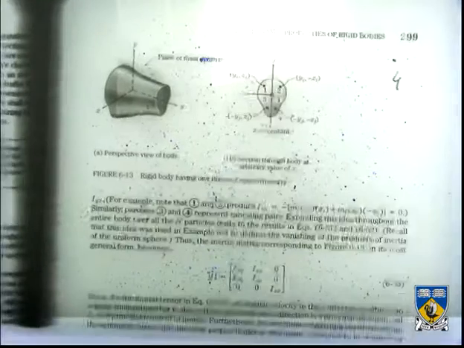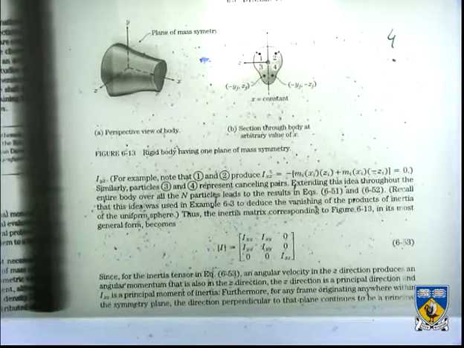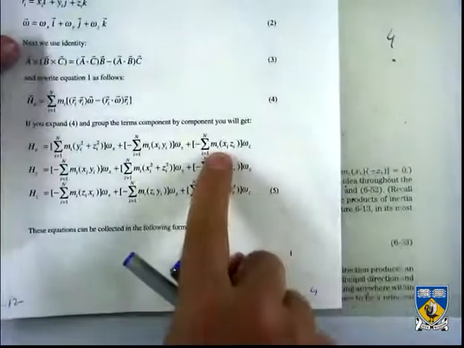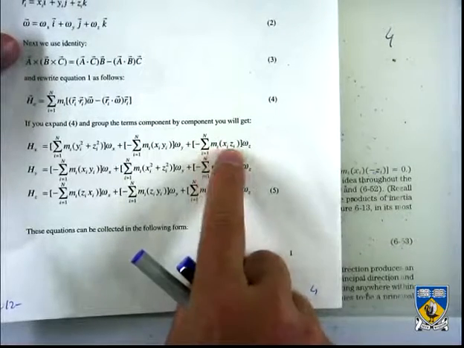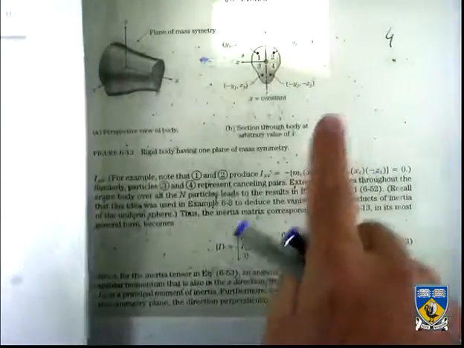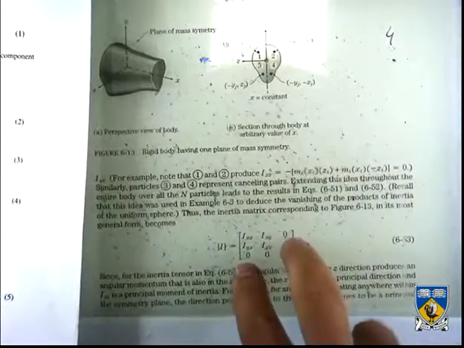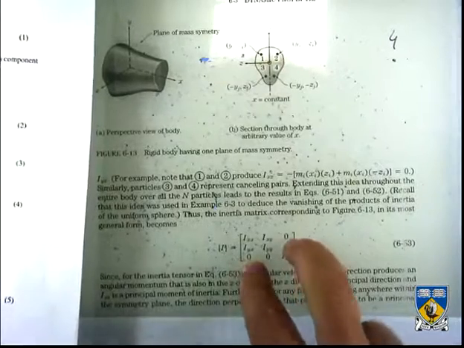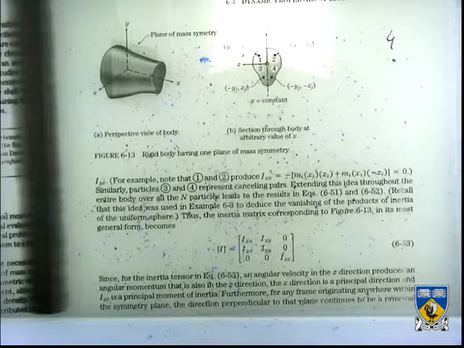Okay? So you can see that if you look back at the equation, mxy times zy enters here, and you can see that if the system is symmetric, these things must be zero, because something will be computed on the right side and then on the left side with a negative sign, and it will go away.